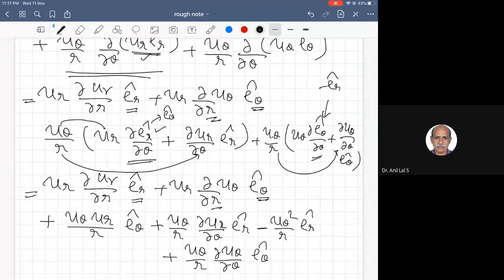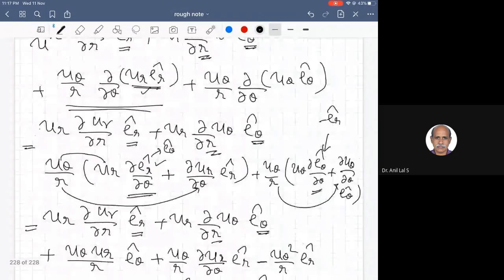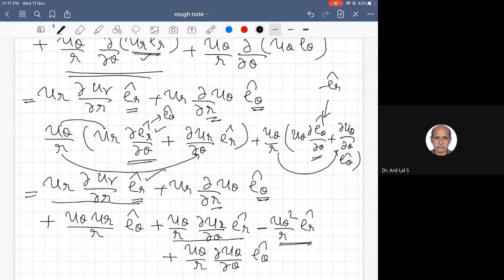So when we do this expansion, we get a vector equation like this, and there are some radial terms. This comes in the radial direction, this comes in the radial direction, this comes in the radial direction. So there are three terms in the radial direction.